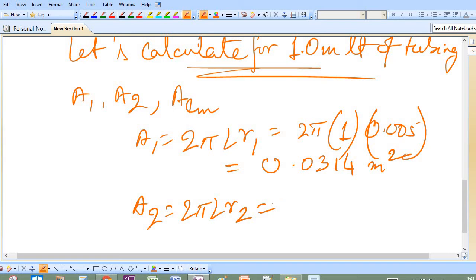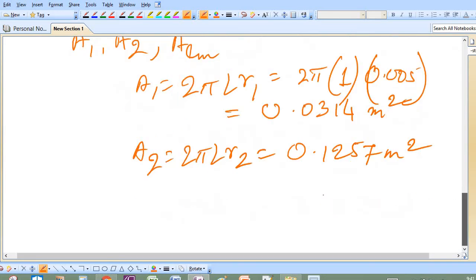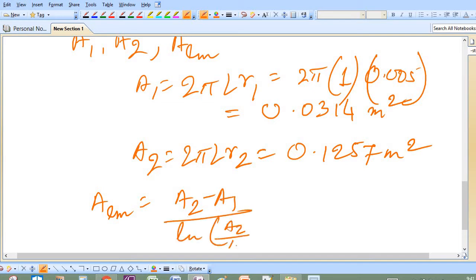Further, now we calculate area 2, which is 2 pi L R2. This will be calculated in the same fashion. It will be 0.1257 meters square. Now we approach the log mean area, ALM, which is A2 minus A1 divided by ln of A2 by A1.